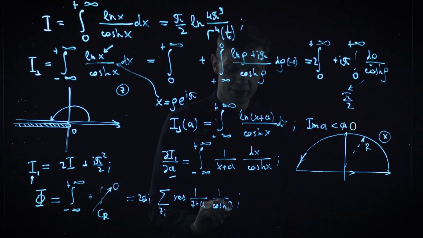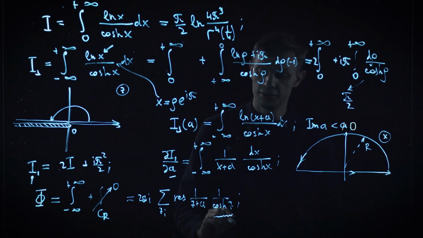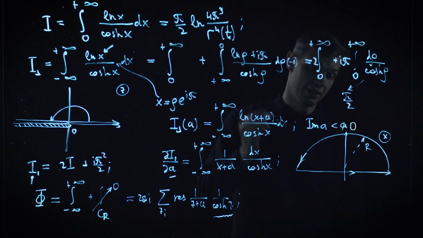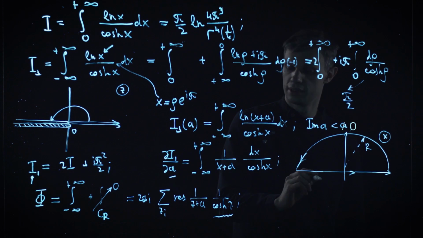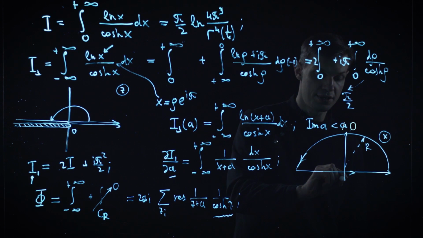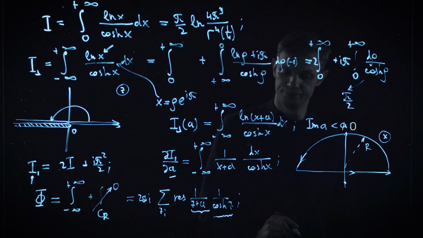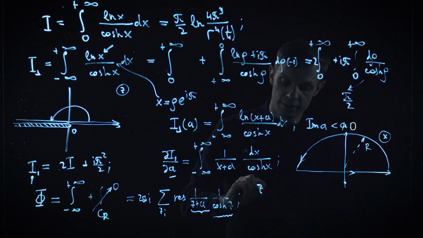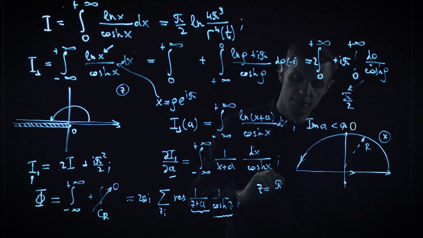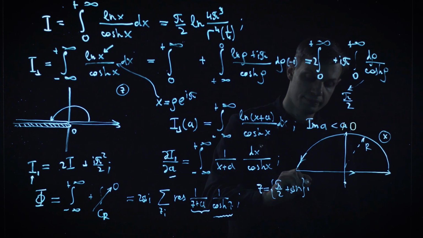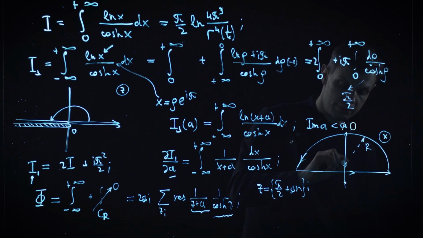The residues are defined by the zeros of the cosine hyperbolic function. Now we understand why this condition was very suitable, because if a is such that its imaginary part is negative, then we don't have to take into account the residue coming from this fraction. So the zeros of the hyperbolic cosine function are simply pi by 2 plus pi n times I. Here they are.